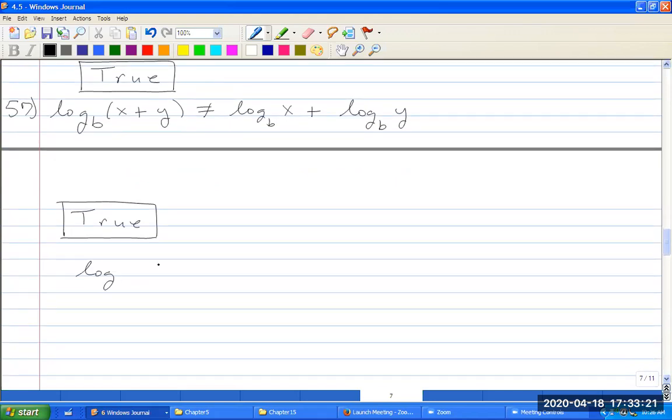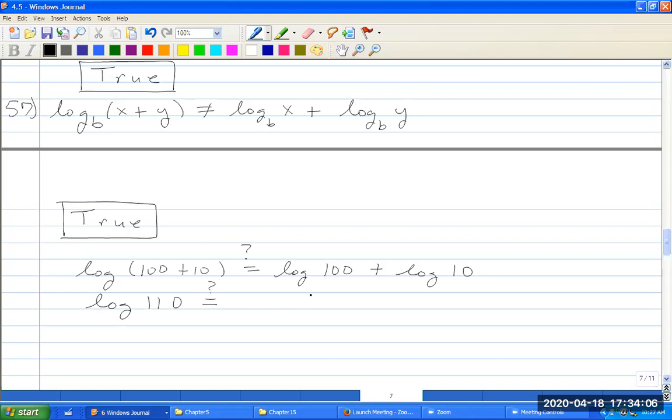log base b, let's just do natural. So log of 2 plus 5. If you plug these in, let's actually do 100 plus 10. Let's see if this is a true statement. Log of 110.